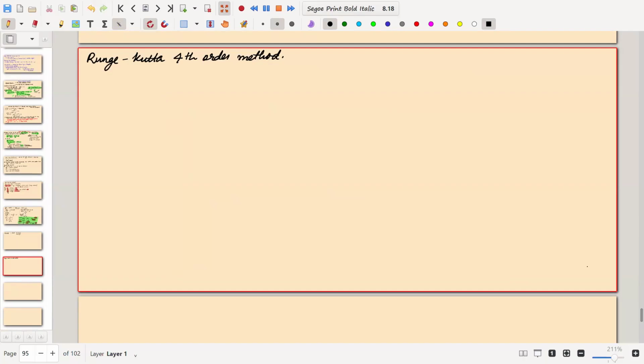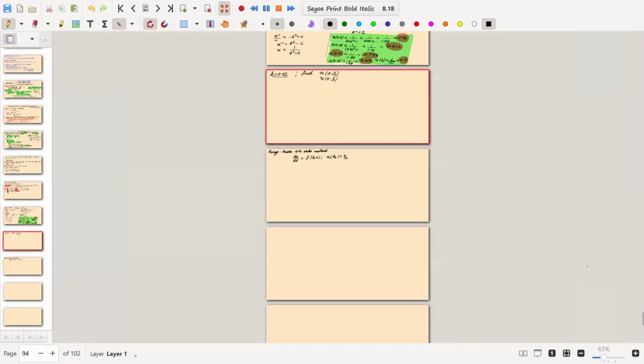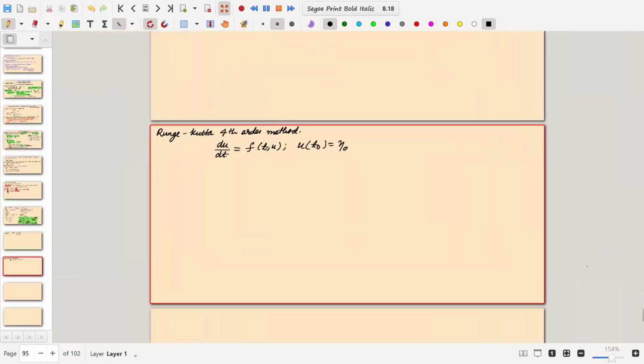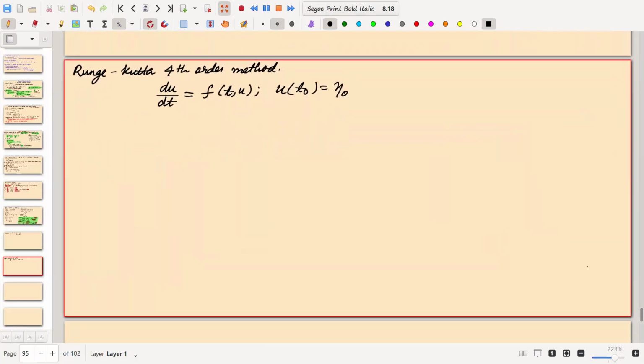So our job is to solve the ODE, that is du by dt equal to f of t comma u, given an initial value u at t naught equal to u naught. This is our initial value problem.